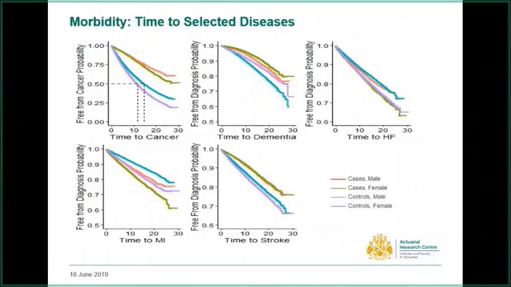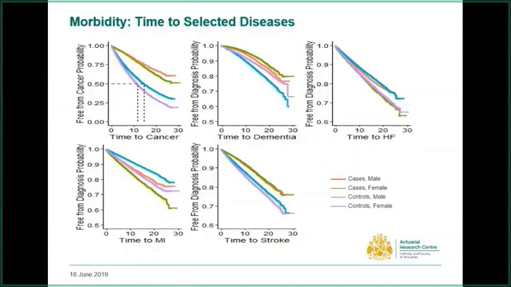We also compared the cases and controls with respect to the time it takes them to be diagnosed with conditions of interest in our study. In particular, here we are presenting cancer, dementia, heart failure, myocardial infarction, and stroke. We can see that for cancer, controls were at a higher risk of all forms of cancer compared to cases, and also for dementia and stroke.